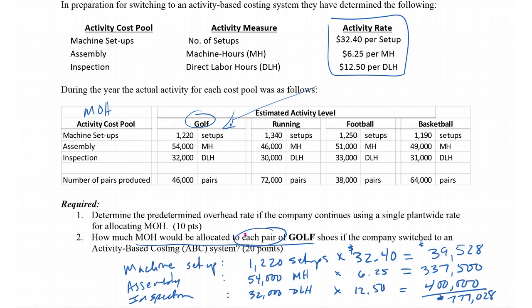So what we need to do now is figure out how many pairs of each one of these shoes they're going to manufacture. In this case, the golf shoe says it's 64,000 pairs of golf shoes.